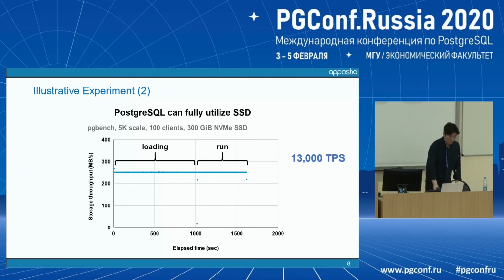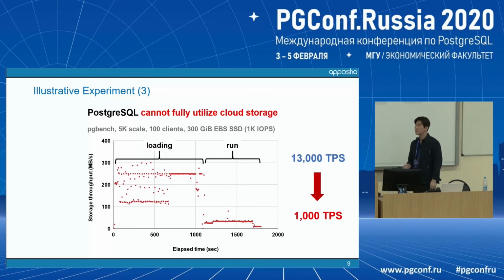Okay, but actually, this SSD volume is the same size as the NVMe SSD, 300 gigabytes. But as you can see, PostgreSQL cannot fully utilize the underlying cloud storage. When I loaded data, PostgreSQL somehow utilized the cloud storage better.